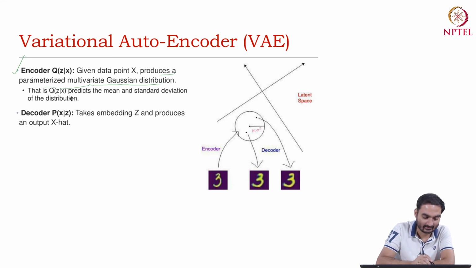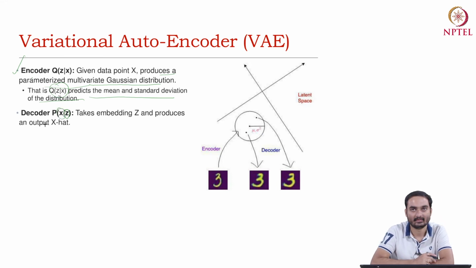The task of Q is to predict the mean and standard deviation of the distribution, and then you choose one item from the distribution and feed it to the decoder. Here Z is the item that you sampled from the distribution, and then you predict the same object. So this is the idea.